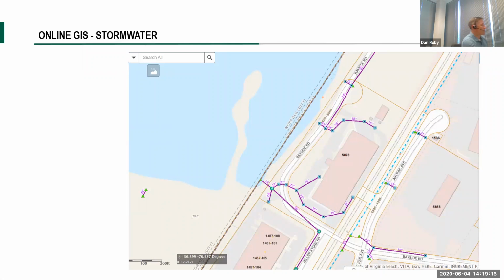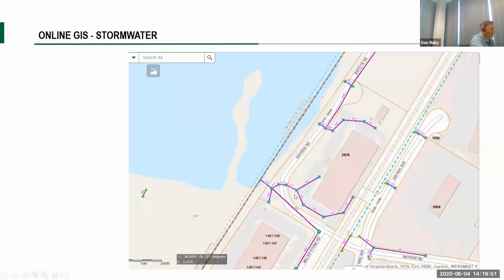Then toggling around the different information, you can toggle off the topo, toggle on. This is the stormwater system. So again, a good, robust system in the City of Virginia Beach. So you can see here where there's manholes and inlets connected by pipes. They even give you pipe sizes. And a lot of times, if you were to click on any of these structures, there very well may be information about rim and invert information, so that you can get an idea on how deep it is.